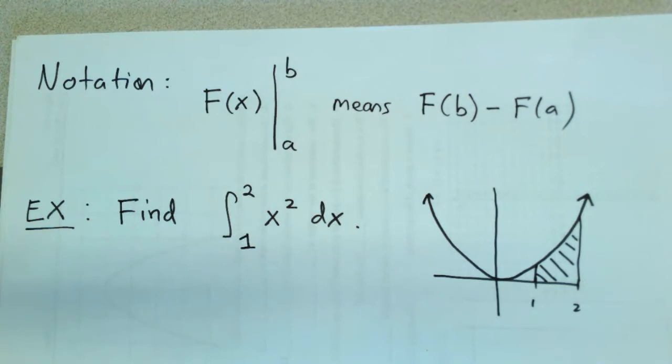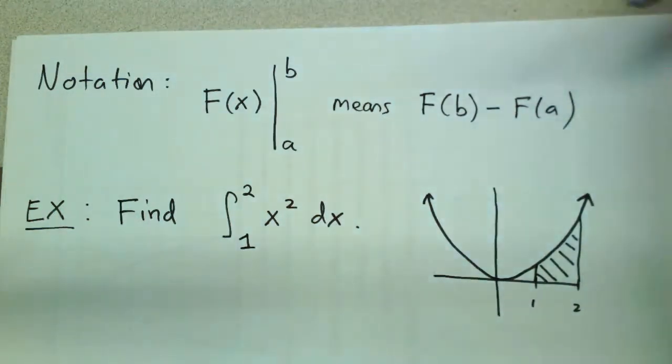Okay. Technically the signed area, but since it's above the x-axis, regular area, signed area, same thing. Okay, so that's what this thing means. And we're going to find it exactly by using the fundamental theorem. So what does the fundamental theorem say?